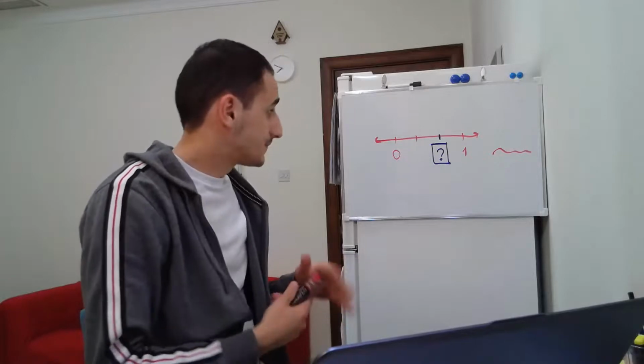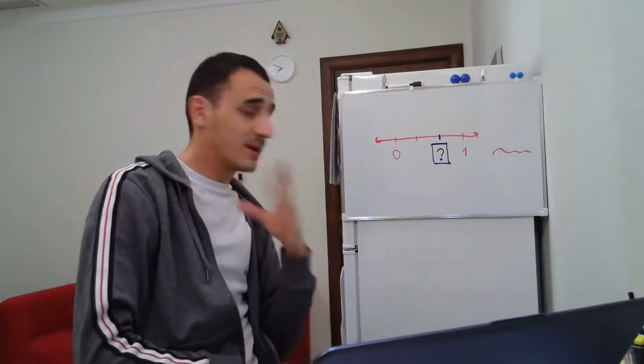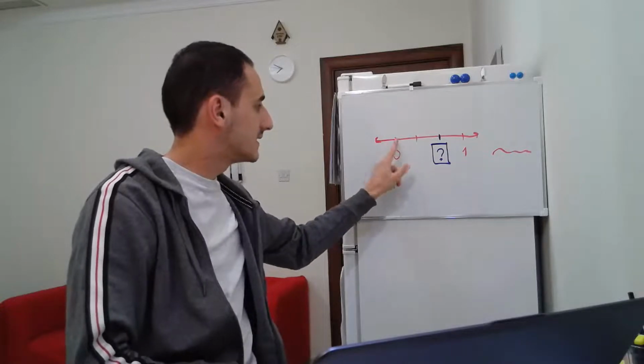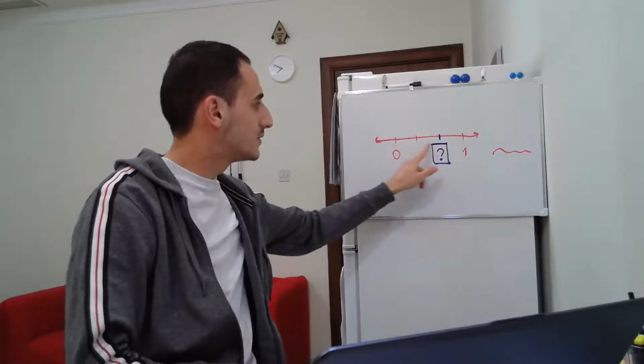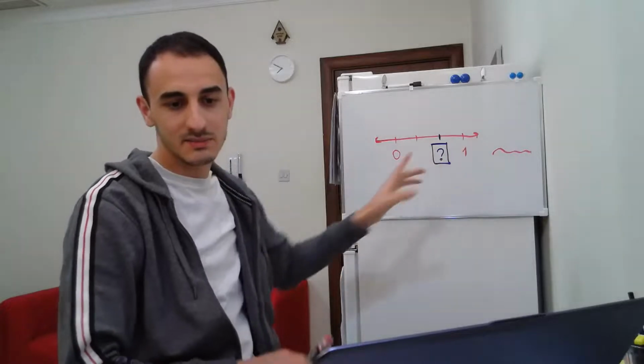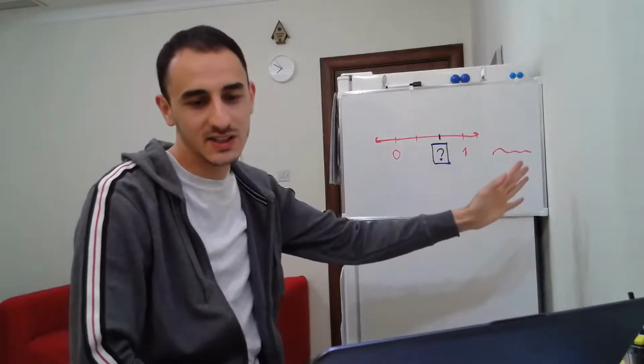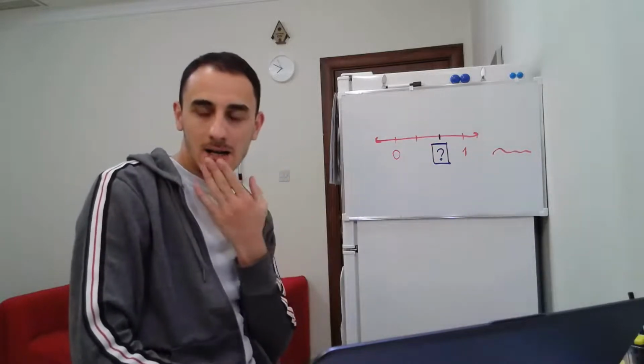So why do people make mistakes? They start counting these small lines, 1, 2, 3, 4. Sometimes they ask, does the first one count? Does the last one count?